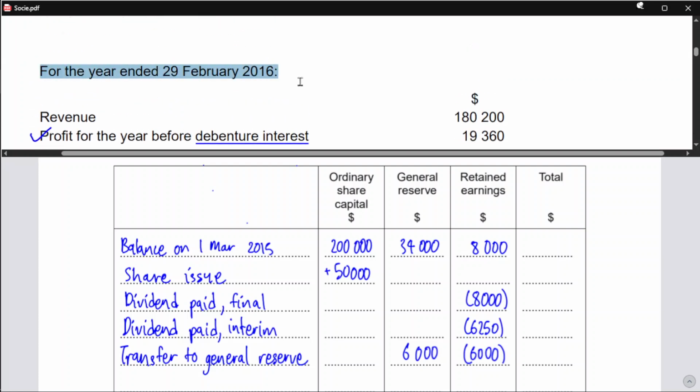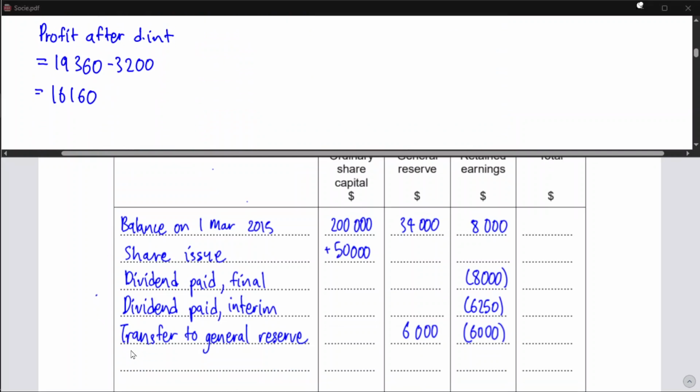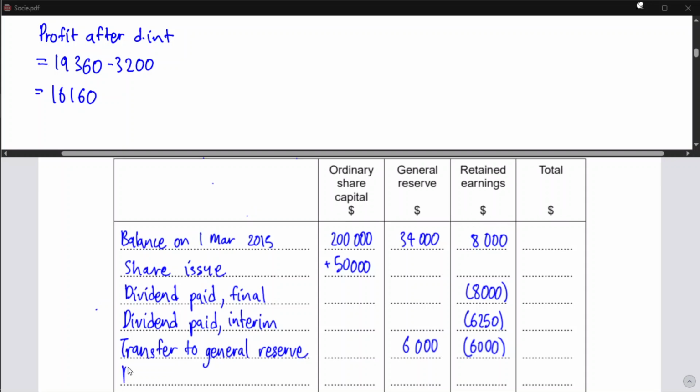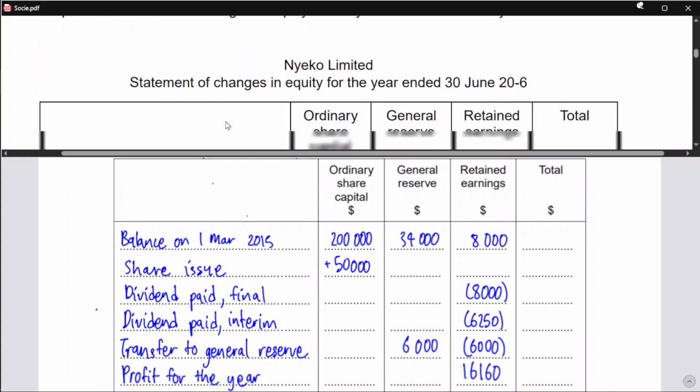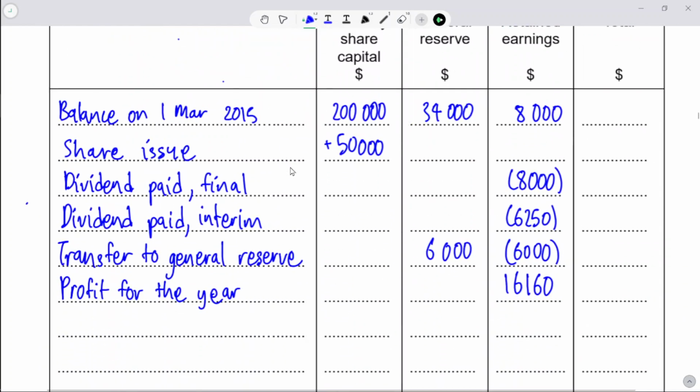Continue. This one is ticked already. So this one we also need to include. This one is actually profit for the year, 16,160. So let's prepare it. We read back the question, so we need to total it up.